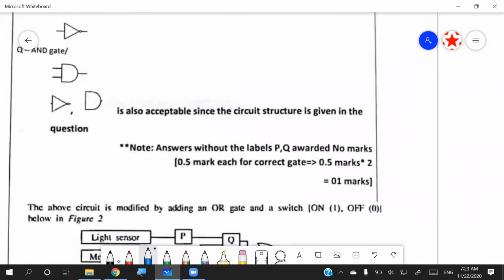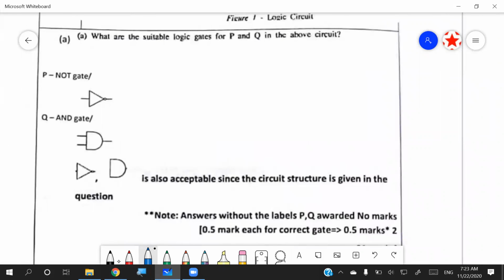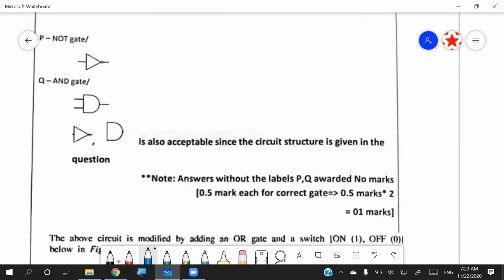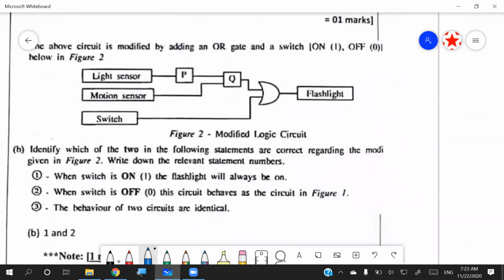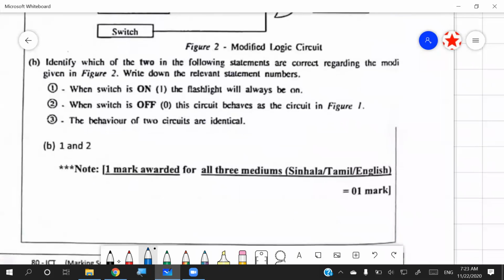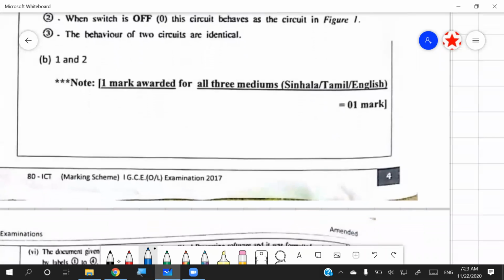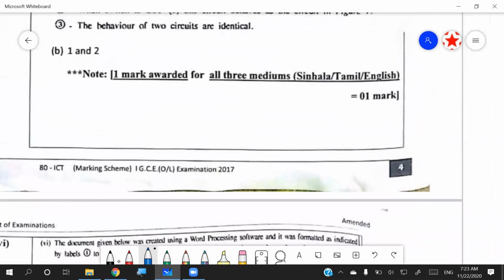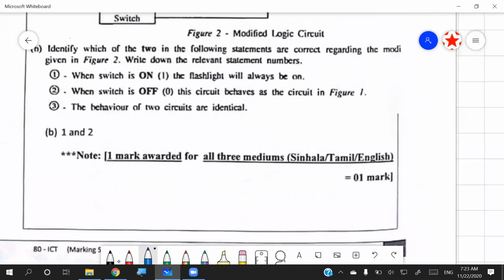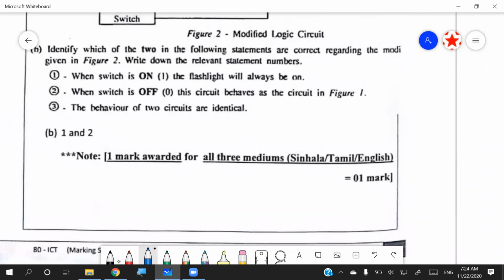So 1 mark for the first part: identifying the NOT gate is 0.5, identifying the AND gate is 0.5, and figuring out the 2 scenarios, 1 and 2, is given 1 mark. So if only one of your figures is correct, it's going to be 0.5 for you.